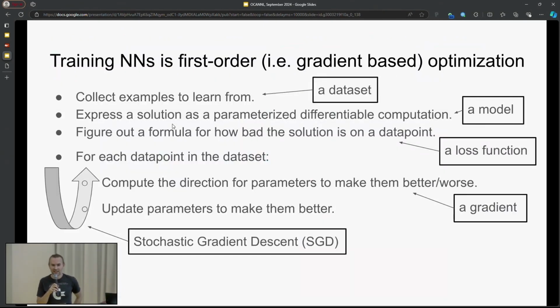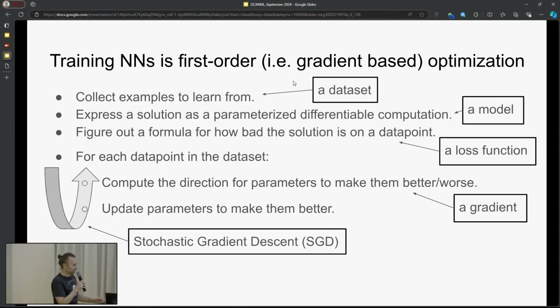So what's neural networks training? It's a gradient-based optimization problem. To learn, we first need to collect a data set. So these are the examples that we're trying to approximate.